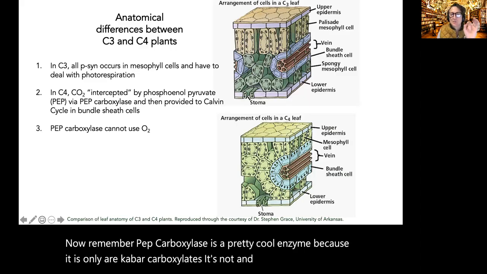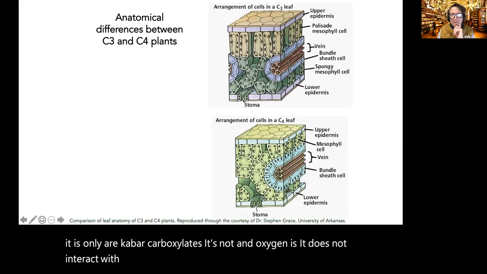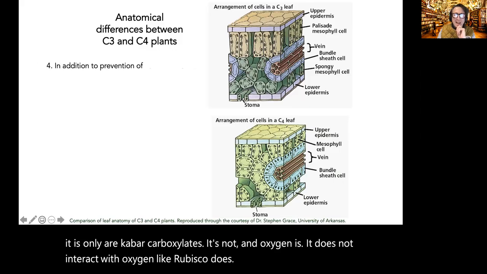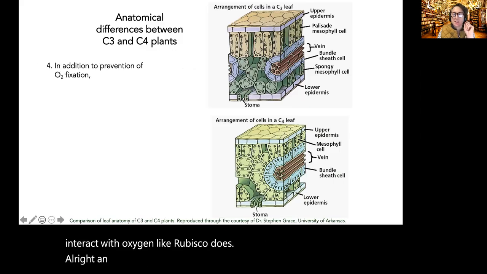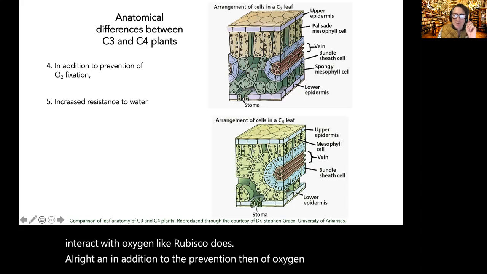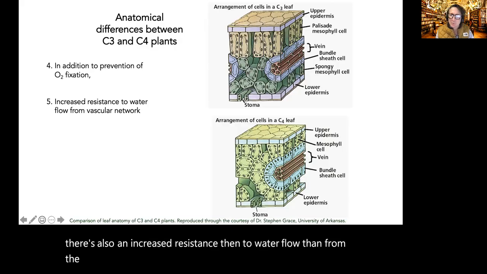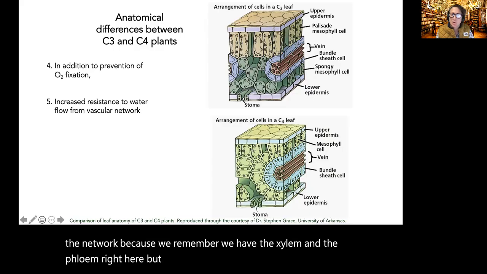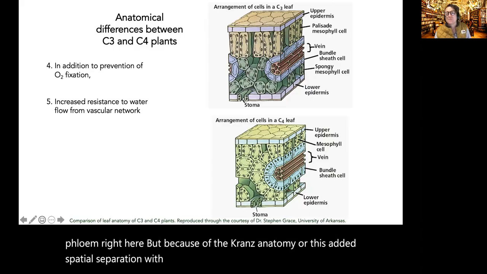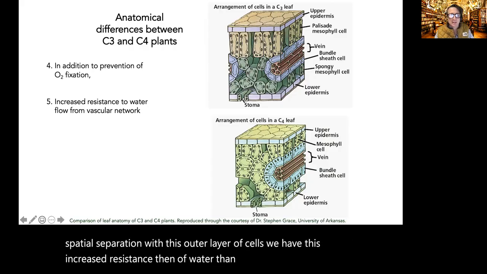It does not interact with oxygen like rubisco does. All right. And in addition to the prevention of oxygen fixation, there's also an increased resistance to water flow from the network, because remember we have the xylem and the phloem right here, but because of the Kranz anatomy or this added spatial separation with this outer layer of cells, we have this increased resistance of water being transpired or evaporated out.